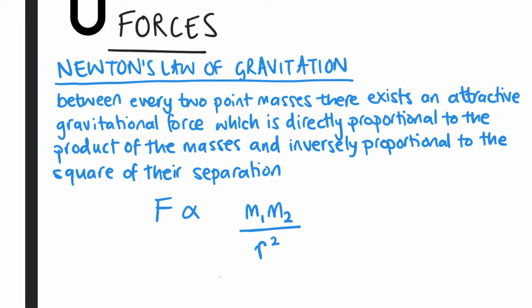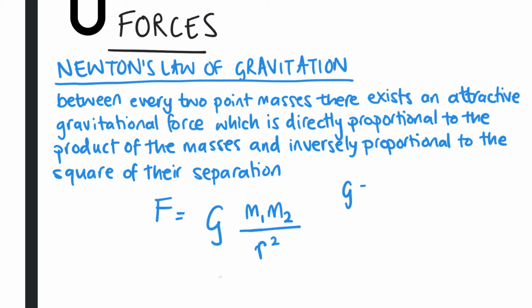So at the minute we have an expression, but what we really want is an equation. So to change this into an equation, we're going to get rid of that proportional sign and replace it with equals some constant multiplied by M1 M2 over R squared. Now it turns out that that constant is the universal gravitational constant, and we use the capital letter G to represent that.